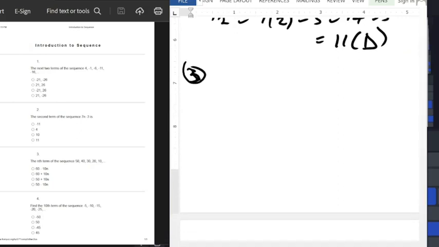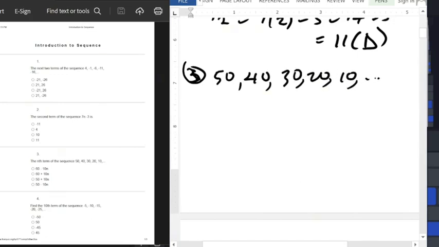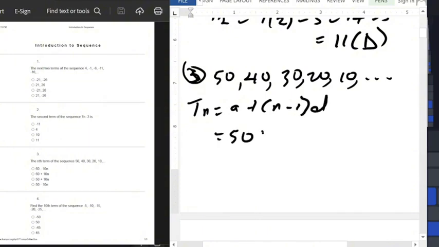Number 3, the nth term of the sequence 50, 40, 30, 20, 10 and so on. The nth term formula is Tn equals a plus n minus 1 d, where a is 50, n is the term we are looking for, and the common difference is 40 minus 50, which is minus 10.